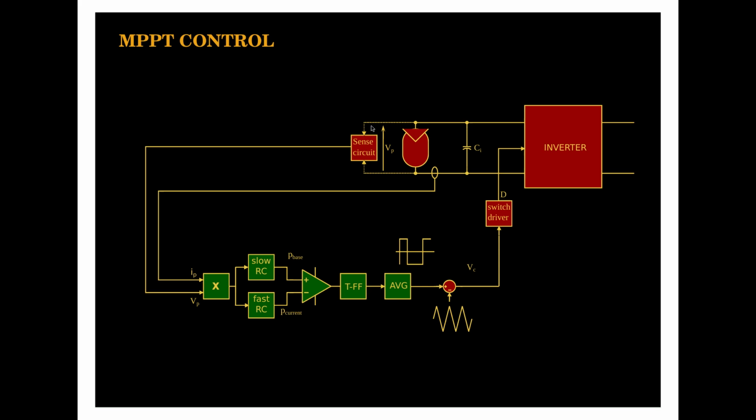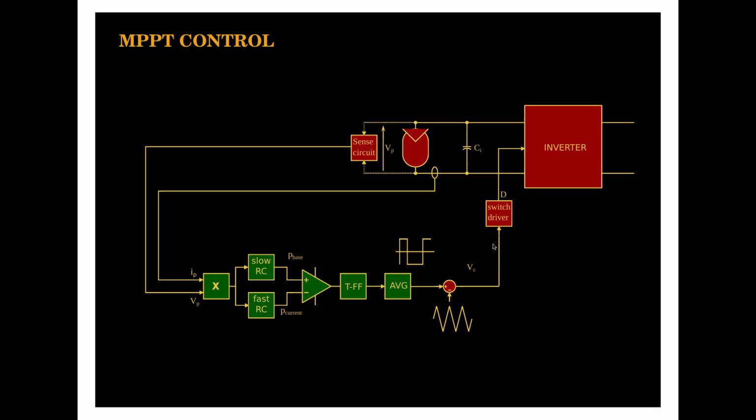So you sense from the PV sense circuit, then you give the VP and IP, slow RC, fast RC to get the P base and the P current, the fast power and the slow power. Use it through the comparator. We know this block diagram, a toggle flip-flop, averaging circuit, comparing it with the carrier, and then drive to the switch to the inverter. So this is the normal thing.